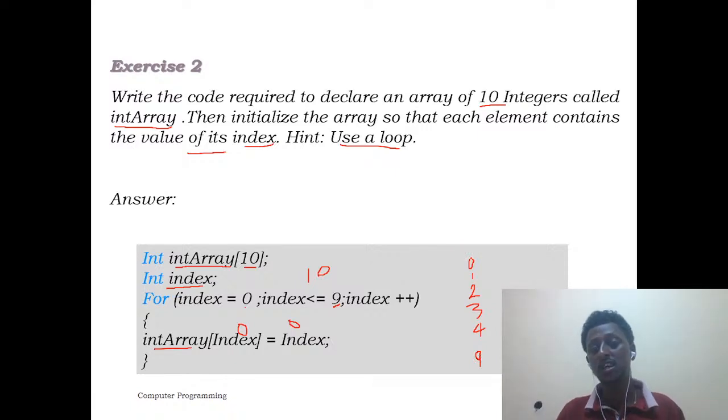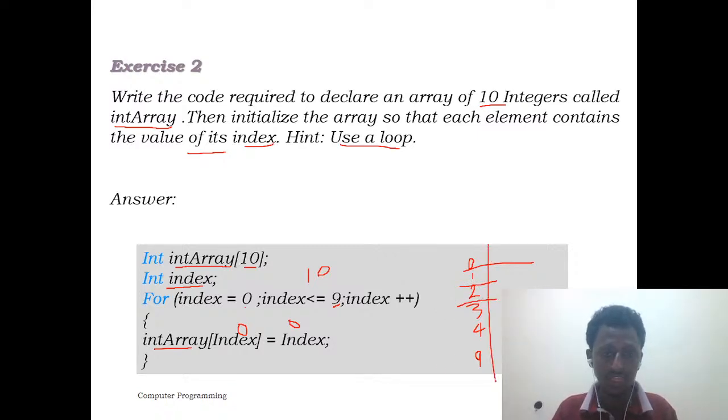The index of the array starts from 0 and goes to n minus 1, and the value for each index is equal to what? Equal to its location or index. The element is equal to its index, because in the array the value equals the index. It starts from 0, 0 to 9.